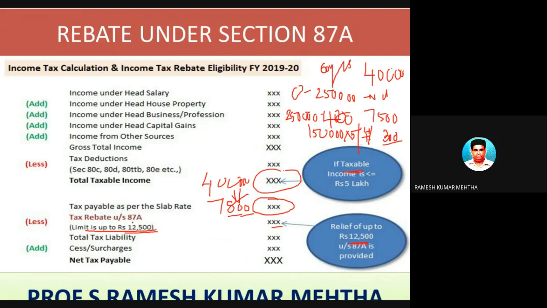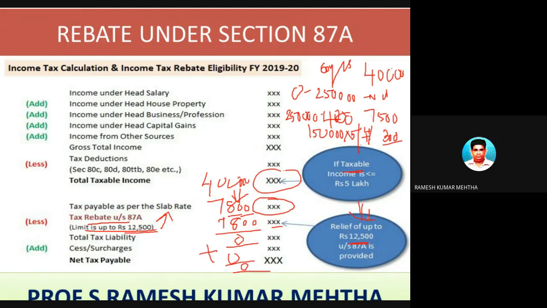But there is a tax rebate to the extent of 12,500. But in this case, the tax payable is less than 12,500. So that 7,800 is the rebate which he is eligible for, and he has to pay nothing, and the surcharge on this is also 0. So this is the importance of section 87A.